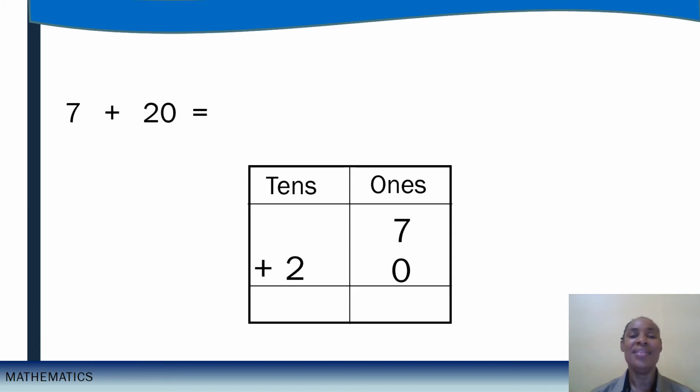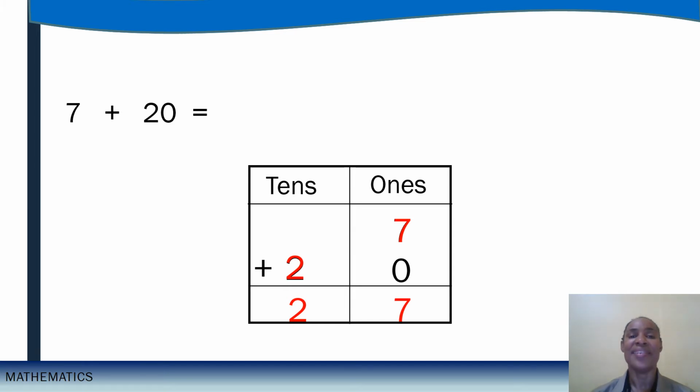Now let's add the numbers. In the ones place, we have 0 added to 7. 0 added to 7 gives us 7. That's correct. And in the tens place, we have 2. We're not adding any tens to the 2 tens. Therefore, we write 2 in the answer. Boys and girls, look carefully at the answer and read it with me.